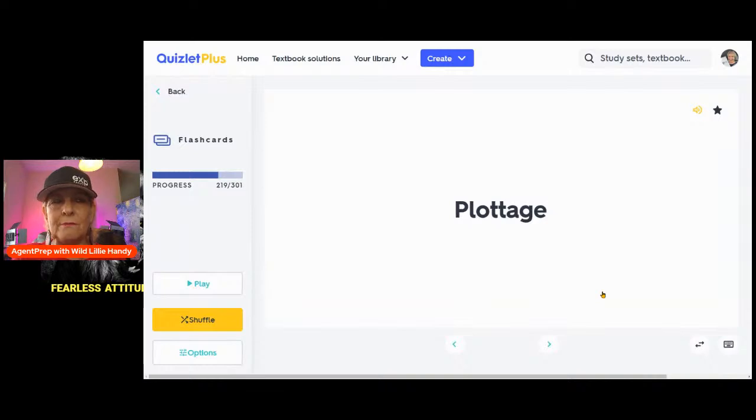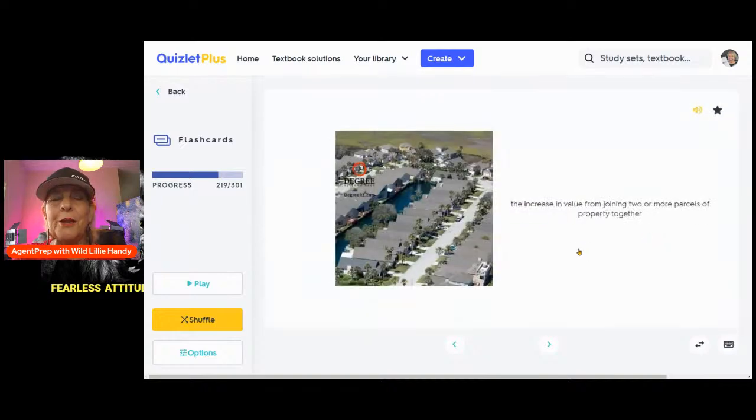Plottage. I'm going to plot something. The increase of value from joining two or more parcels of property together. You might have thought, oh, I'm going to plot a chart, right? I'm going to put little dots and create a chart or a bar chart. Well, it's not that type of plot.